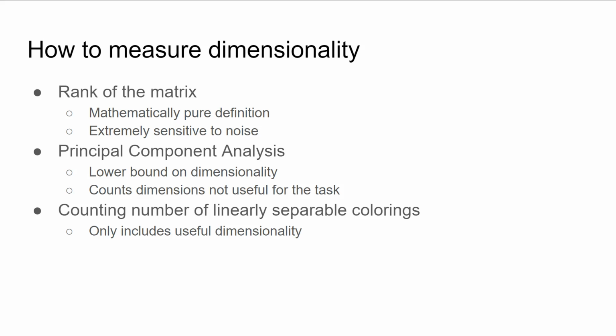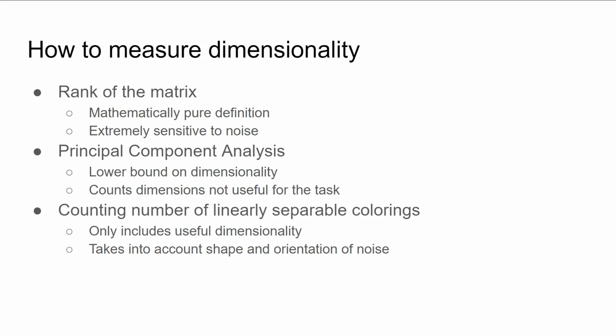The nice thing about only doing colorings is that, if I have the 3 markers again, it's not going to matter that I have a bunch of noise or a bunch of variance going in those orthogonal directions, because I'm only counting colorings. So it counts exactly the dimensionality that gives us the thing we want, which is the ability to separate linearly.